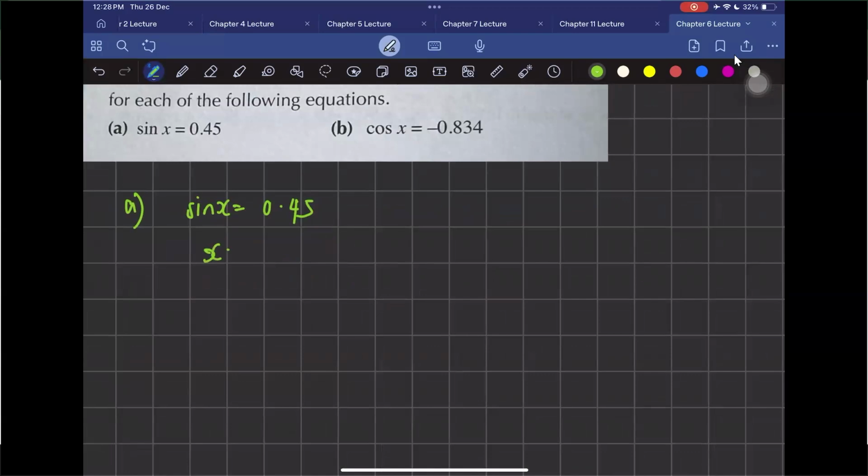So your x can actually be equal to sine inverse 0.45, or it can also be equal to 180 degrees minus sine inverse 0.45.